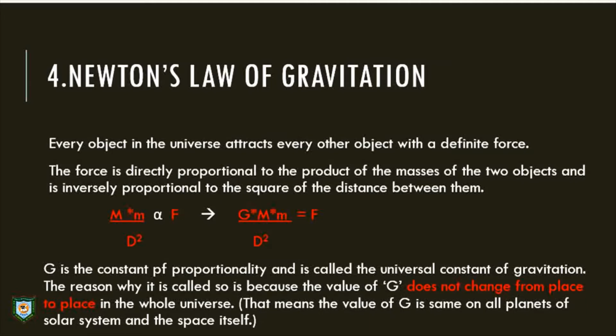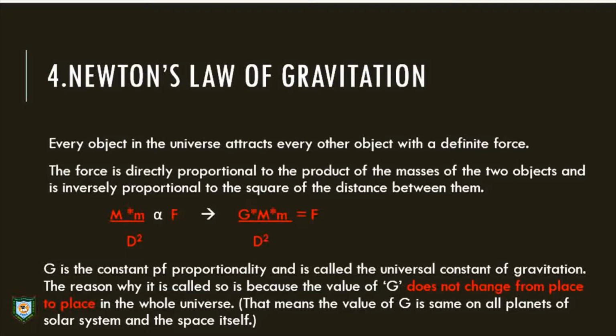Now, going deeper, the force is directly proportional to the product of the masses of two objects and is inversely proportional to the square of the distance between them. As usual, this is a word statement and we are going to decipher it step by step. The law states that the force is directly proportional to the product of the masses. So here I have ball number 1 and here I have ball number 2.